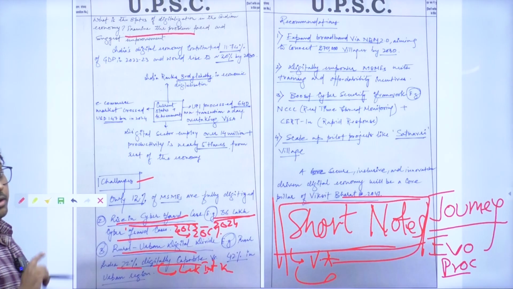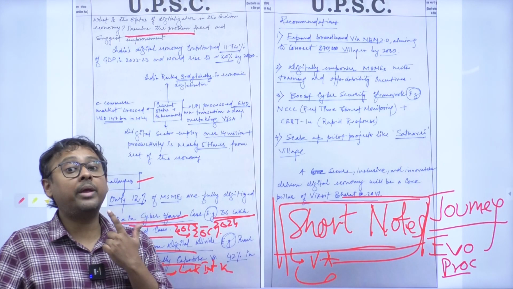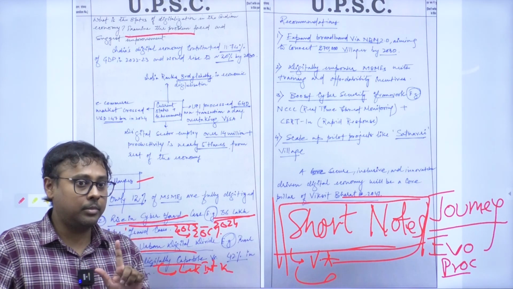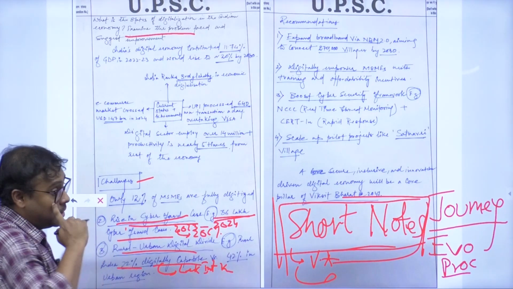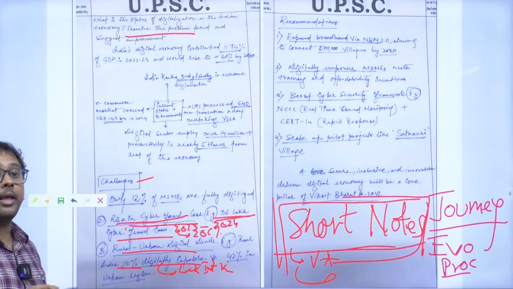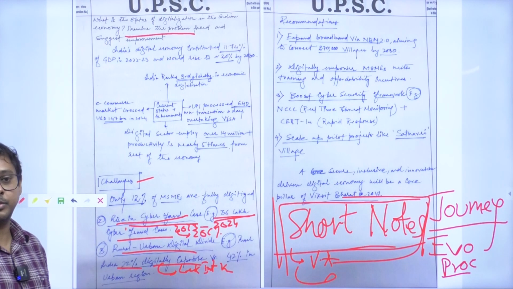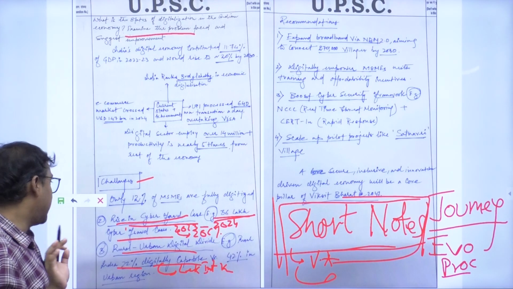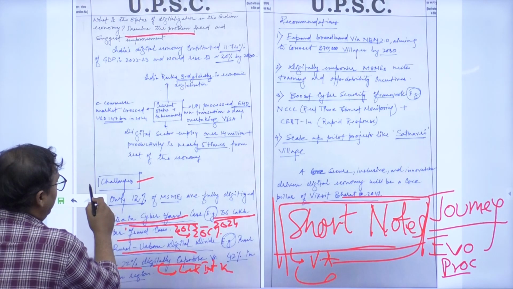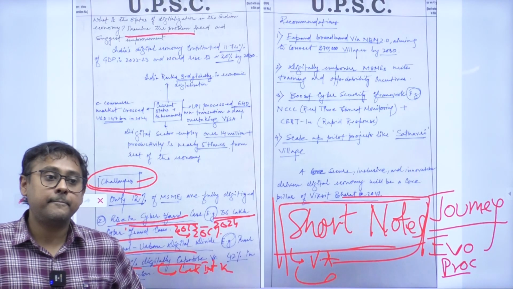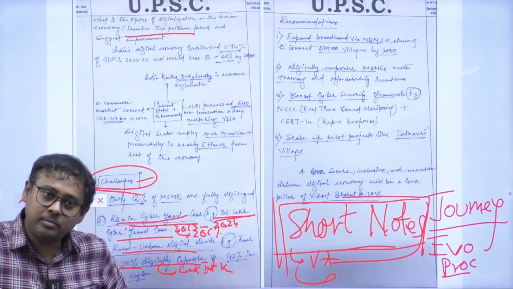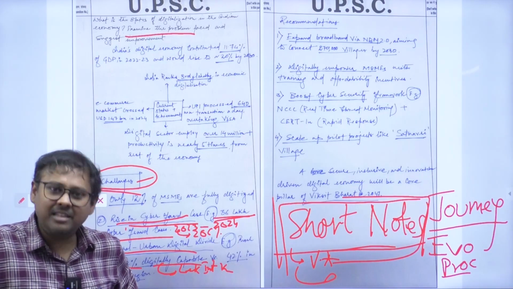Now I was talking about how your dimensions should not be ambiguous. I told you your dimension should not be ambiguous. What does that mean? Now listen to this very carefully and this will change your ethics answer. Trust me, 99% of them make this mistake. What is here? Challenges. Challenges means what? What are the synonyms of challenge? Problems, issues, negative.